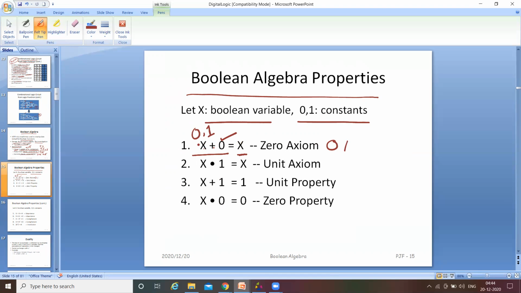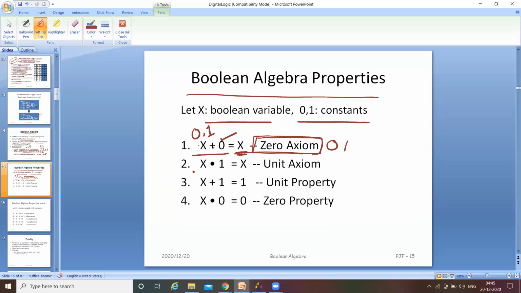So if x is equal to 0, we get 0. If x becomes 1, it will become 1. So therefore, x plus 0 is equal to x. Whatever the value of x, that will come here. So this is called the 0 axiom.